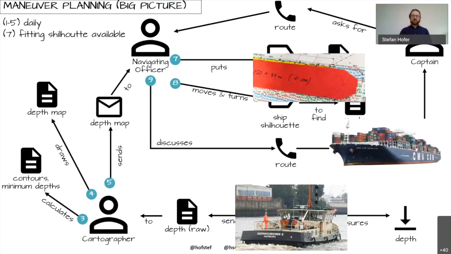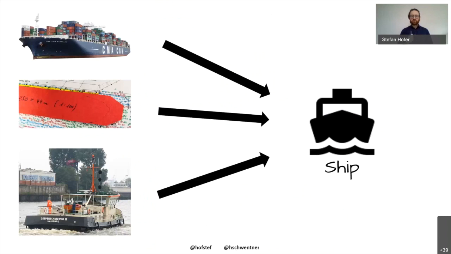For example, if you look at the language, the word ship appears several times in the story. Different actors say ship, but do they really mean the same? So if I would have been naive and have no idea about the domain, I could have modeled all those words that the domain experts say and mean ship as one icon ship. And then the domain experts would have screamed and shouted at me because it doesn't make any sense.